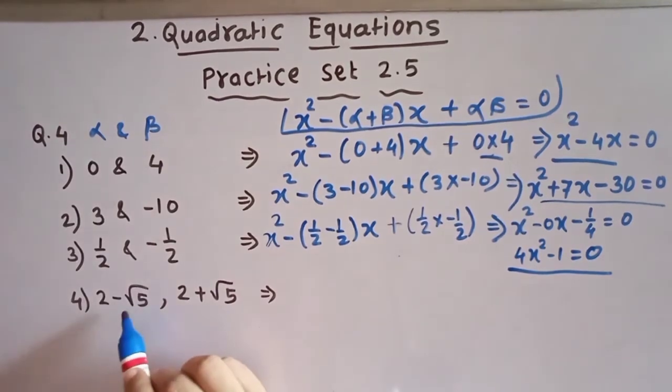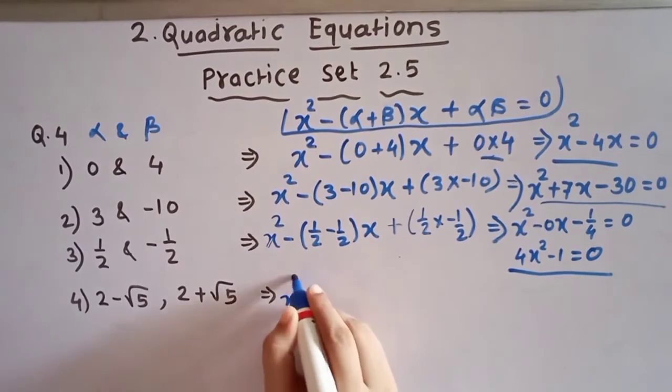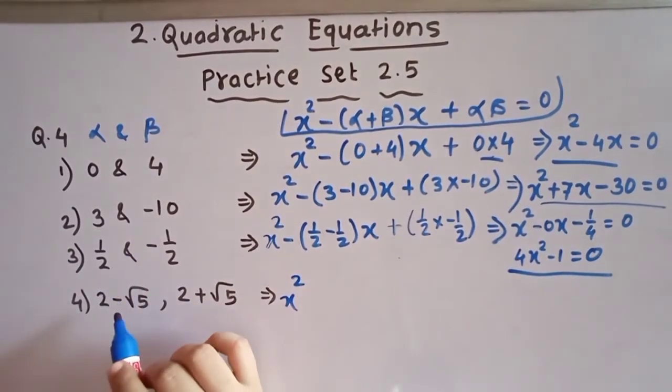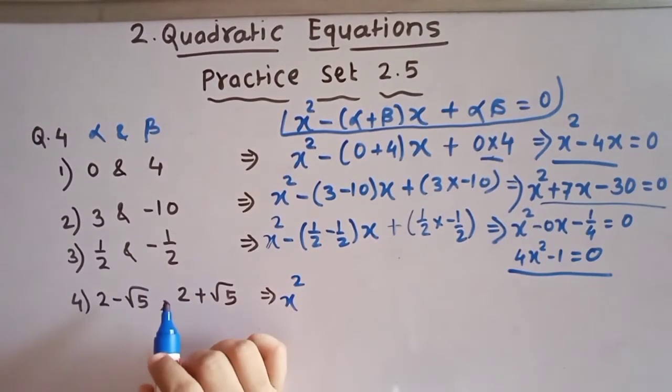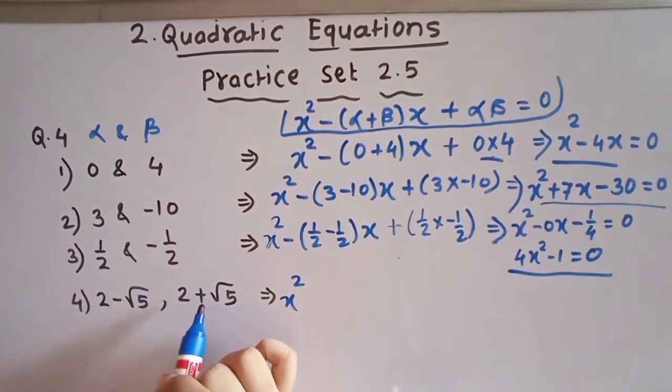Then 2 minus root 5, 2 plus root 5. So let alpha is equal to 2 minus root 5 and beta is equal to 2 plus root 5.